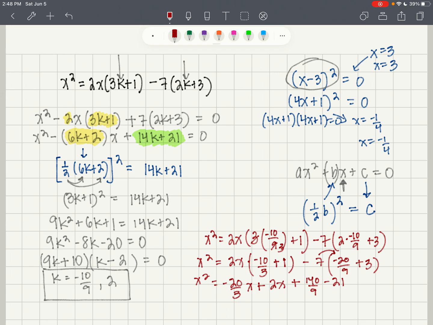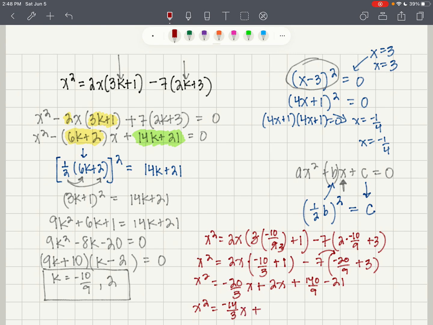I'm going to combine like terms. x squared equals negative 14/3 x, not negative 26, that would be negative 20 plus 6, which is negative 14/3 x.